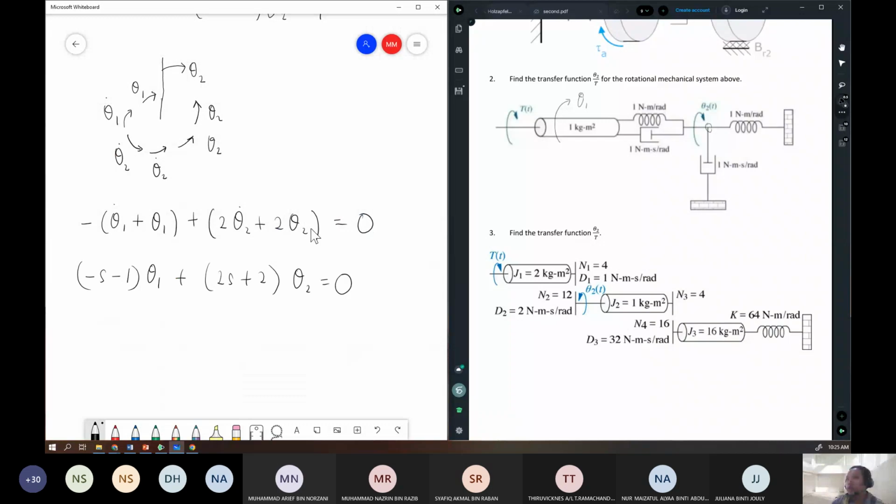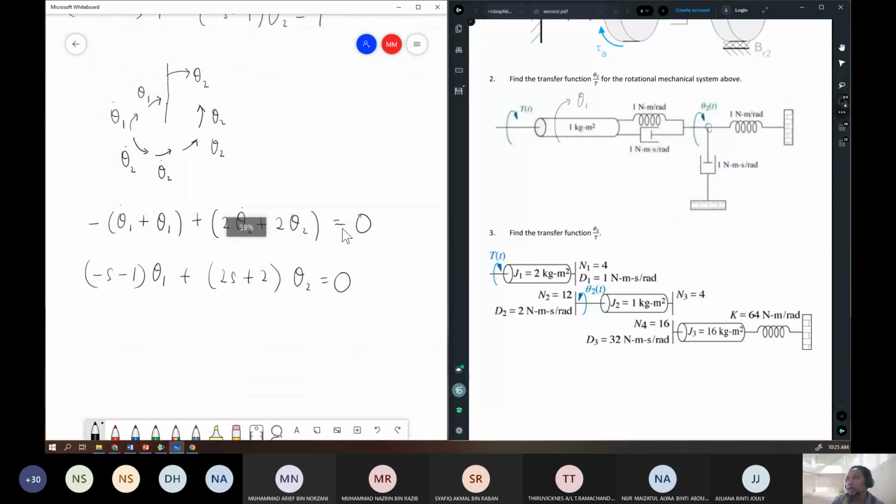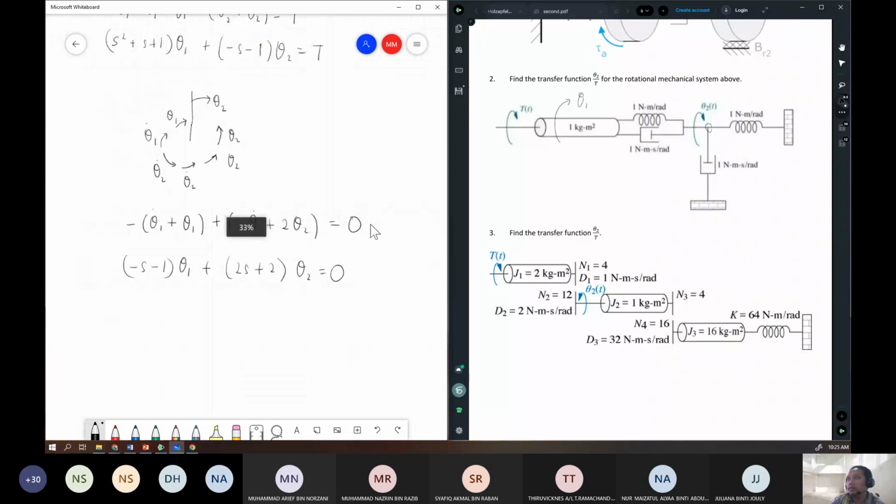Okay, so we have two equations, then we can write in matrix form.